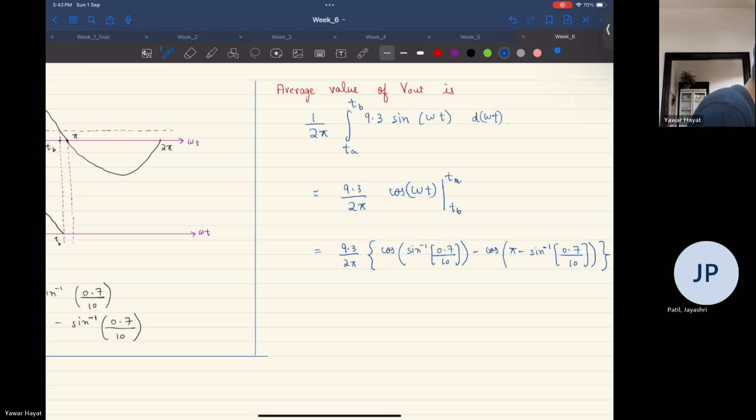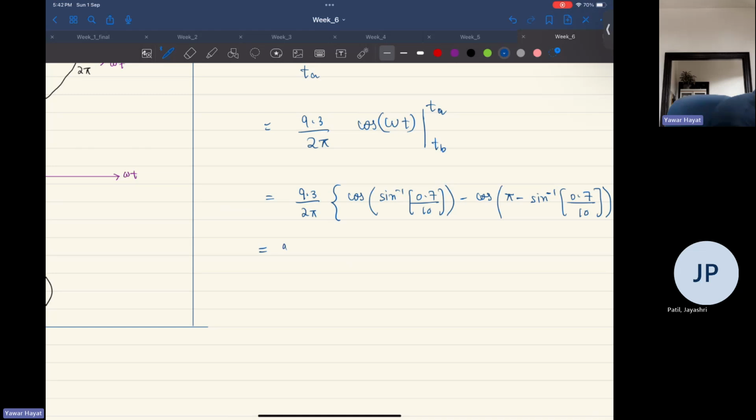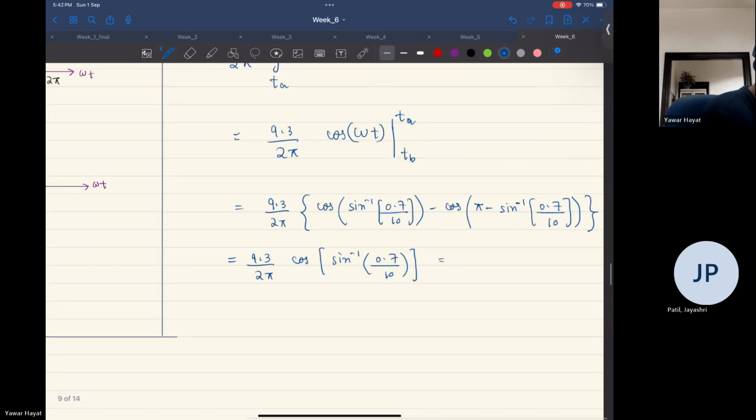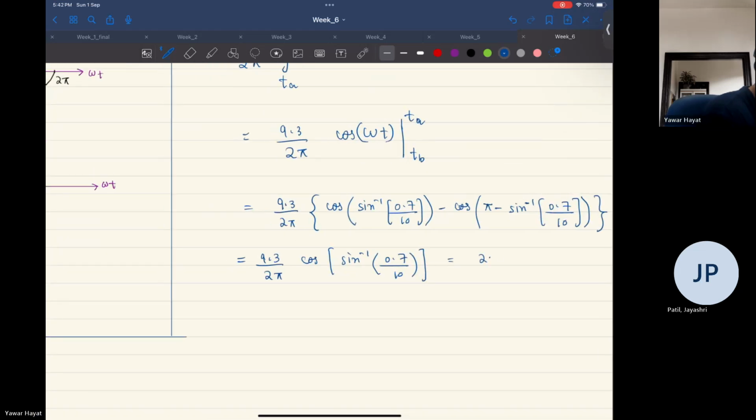So this is done. Now this would be equal to 9.3 by 2 pi times cos of sine inverse of 0.7 by 10. This is equal to 2.953 volts.